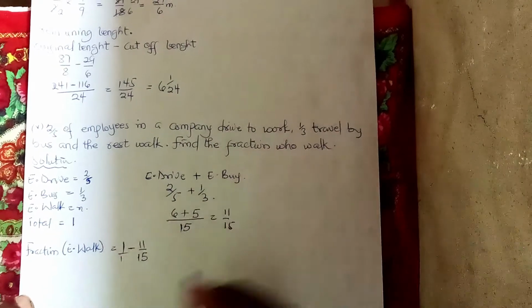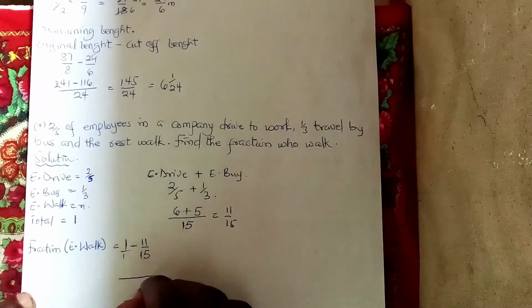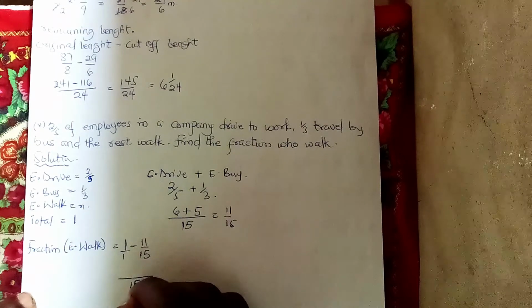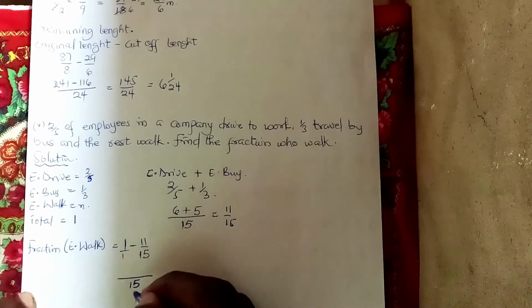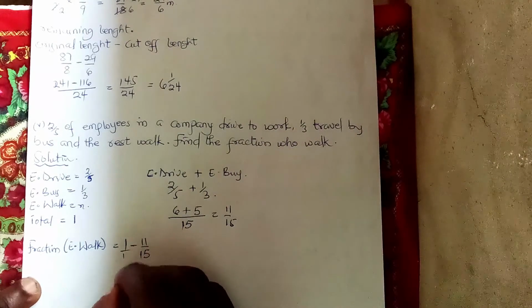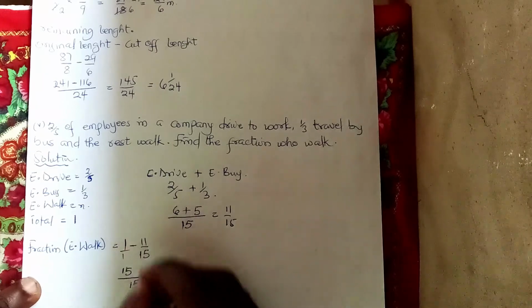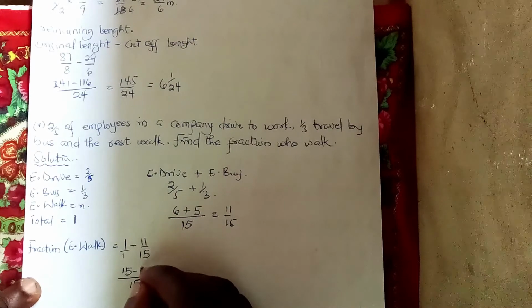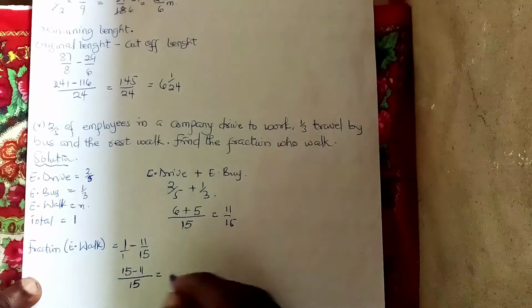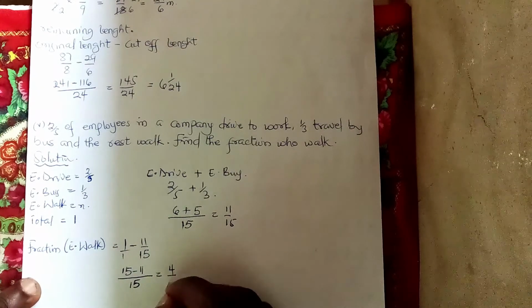This is 1. So we find the LCM, which is 15. 1 into 15 is 15. 15 times 1 is 15, 15 into 15 is 1. 1 by 11 is 11. 15 minus 11 gives us 4. So we have 4 over 15.